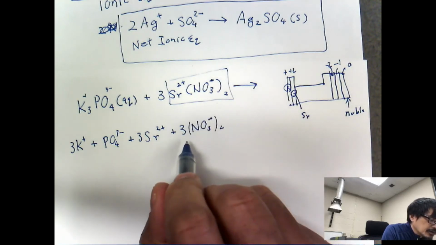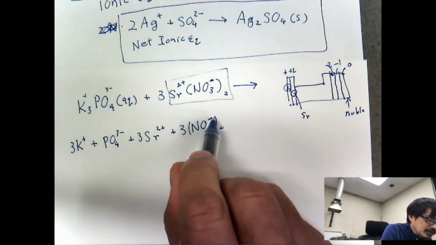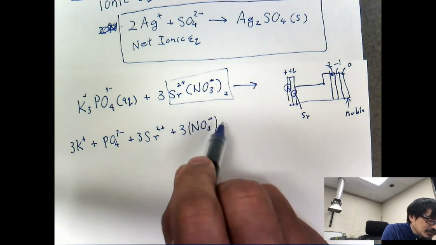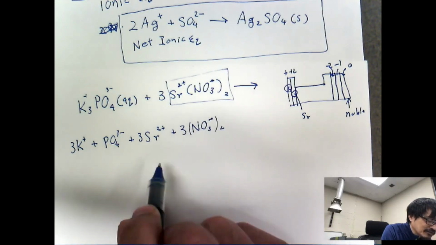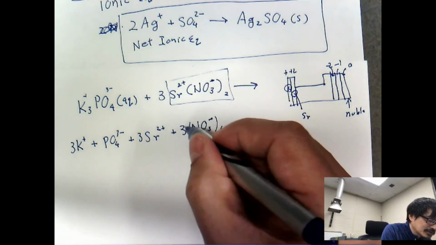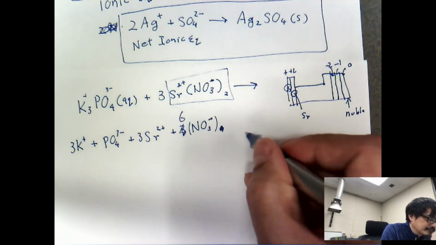So how many NO3 do you think I have? You have a unit of 2, you have 3 units of 2, right? So 3 times 2, it's going to be 6. 6 of that.